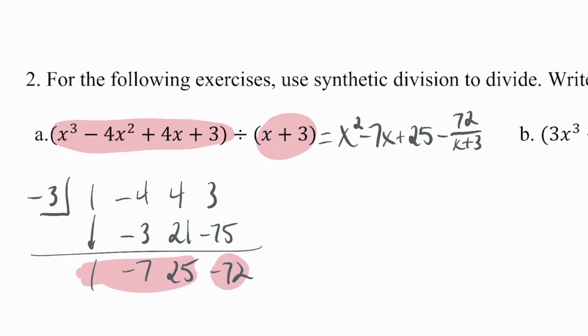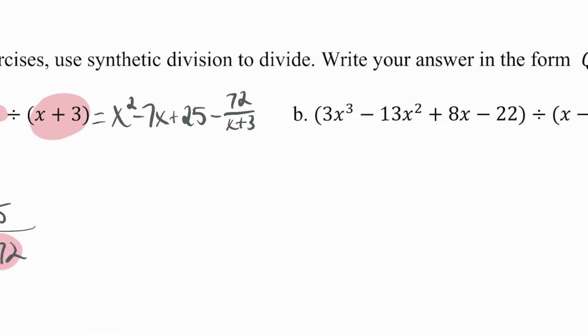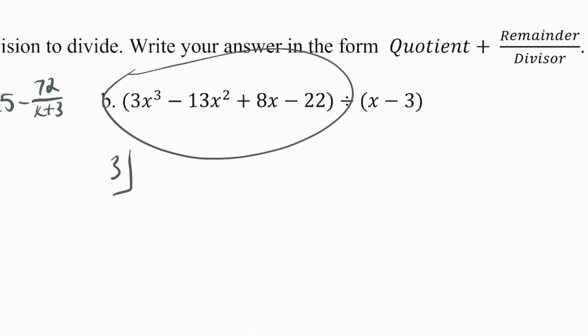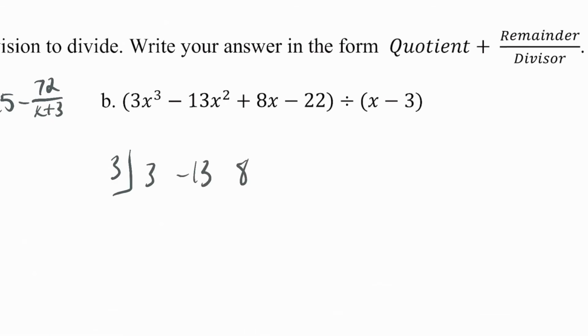Okay, so next example. Looking at the divisor, 3 is what I would plug in to make that 0. So I'll take 3, put it in the box, and take the coefficients here: 3, minus 13, 8, minus 22, and then have my addition line. Bring the 3 down.